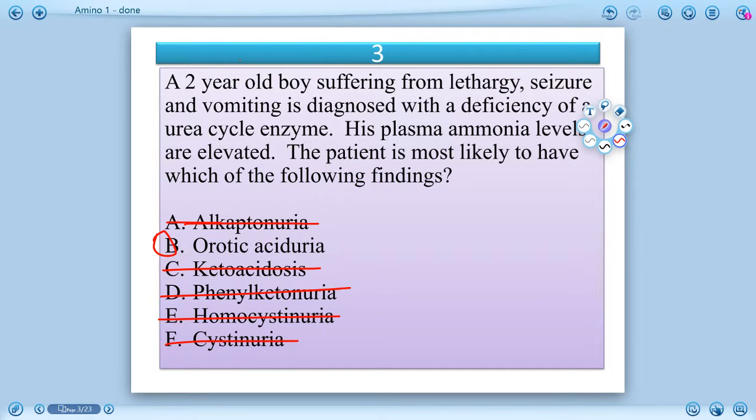The issue with the urea cycle is that carbamoyl phosphate accumulates within mitochondria because of the urea cycle enzyme deficiency, and it will leak out.